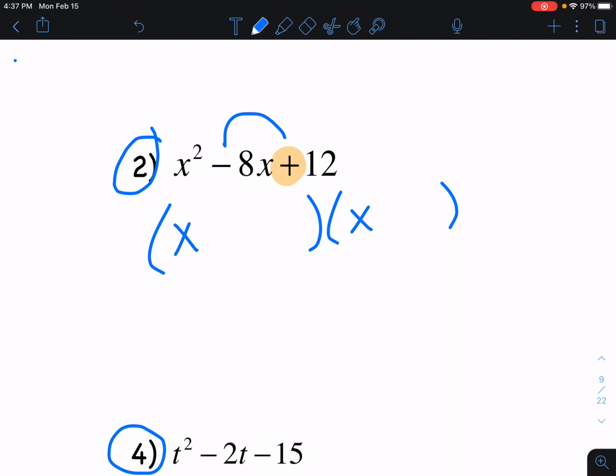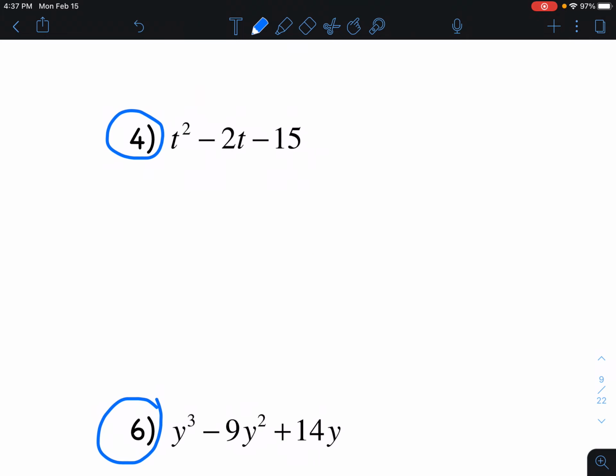So then we can look at the B term and go, well, if they're both the same, they're both minus. And then real easy, what are two numbers that multiply to get 12 and add up to get 8? Those numbers would be 2 and 6. Very easy there.